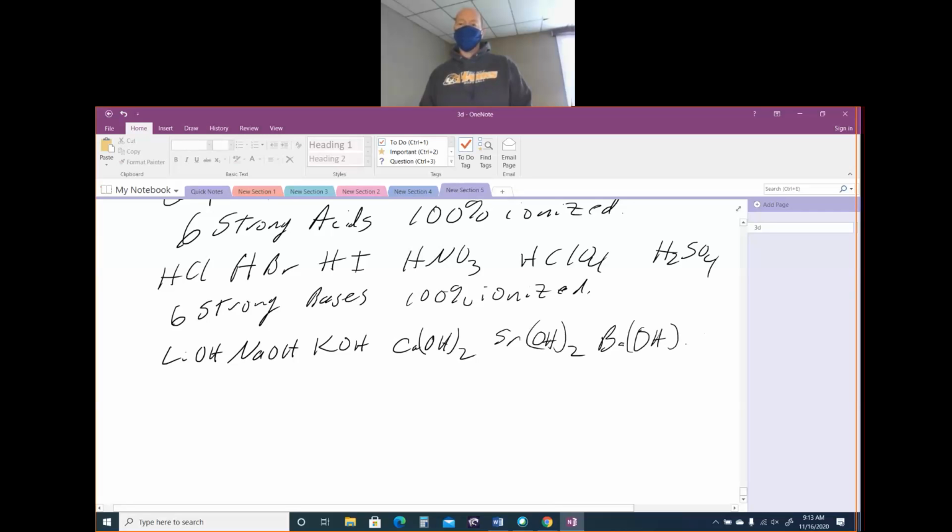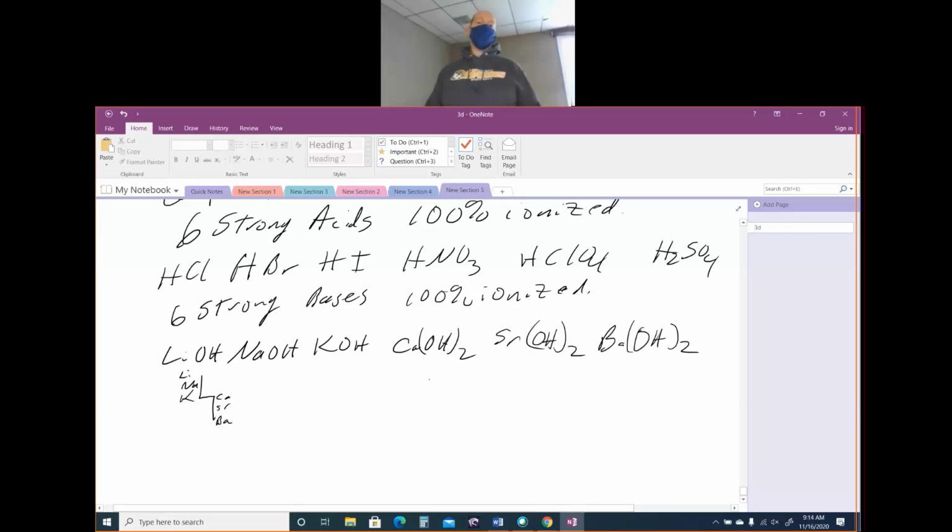I have it memorized off the periodic table. It's the 3 that go this way and then the 3 that go this way. So I've got lithium, sodium, potassium, and then calcium, strontium, and barium. Those are the 6 strong bases.